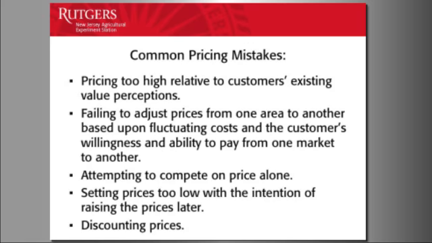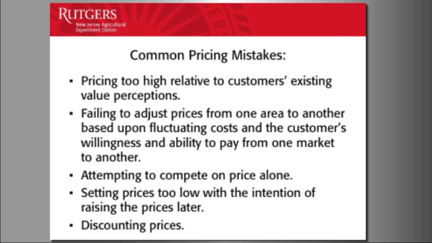So some common pricing mistakes that producers make is you price too high relative to the consumer's expectations. They're not going to buy it. They start thinking that's unfair. You fail to adjust the price from one area to another based on fluctuating prices and consumers' willingness to pay. Or attempting to compete on price alone.